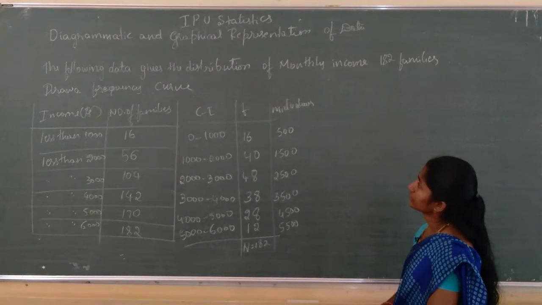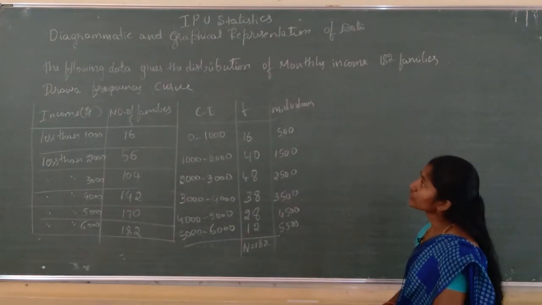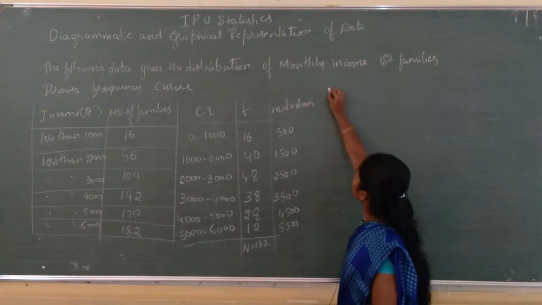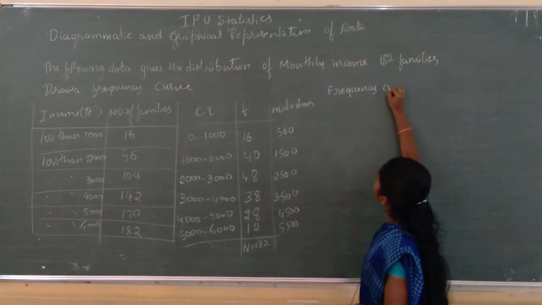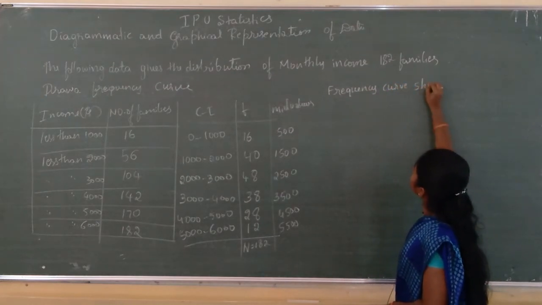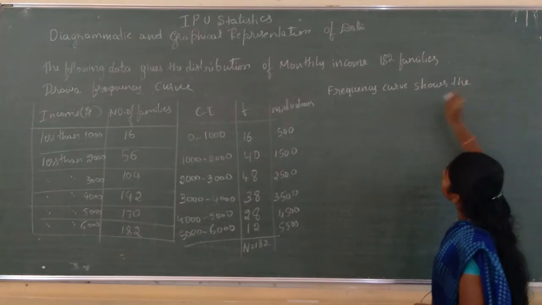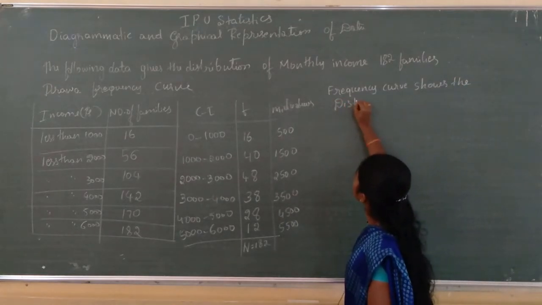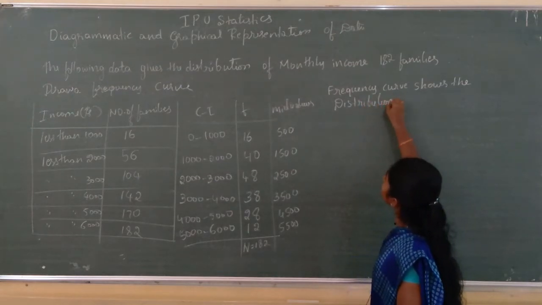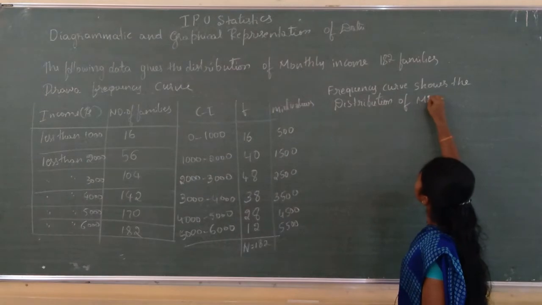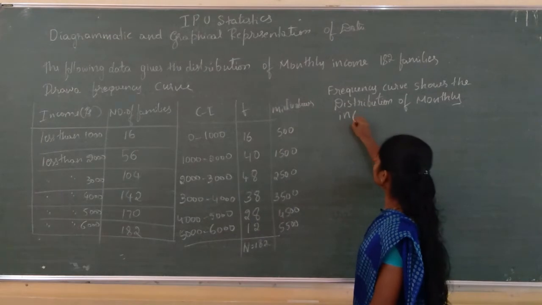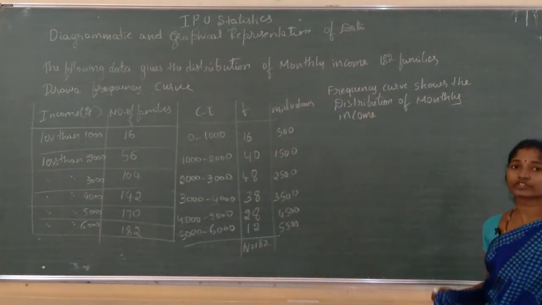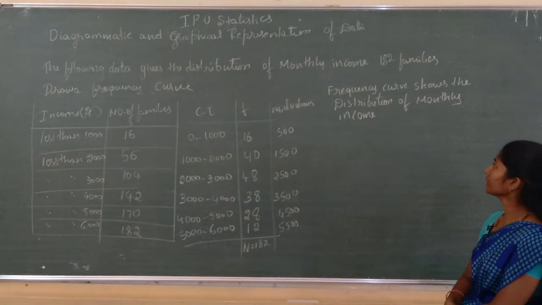Frequency curve shows the distribution of monthly income. Distribution of monthly income. Okay.